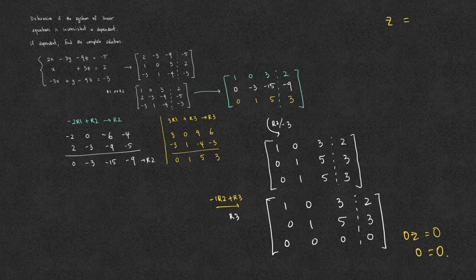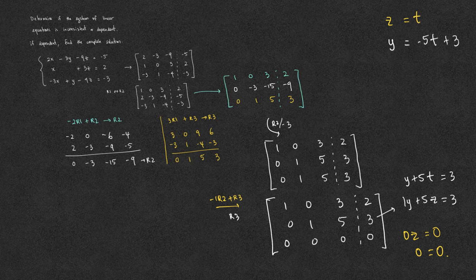We let z equal t. If z equals t, the second equation tells us 1y plus 5z equals 3. But since z equals t, t is a real number, then y equals negative 5t plus 3.